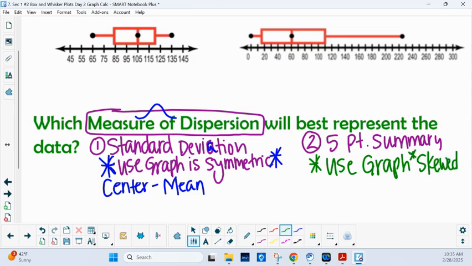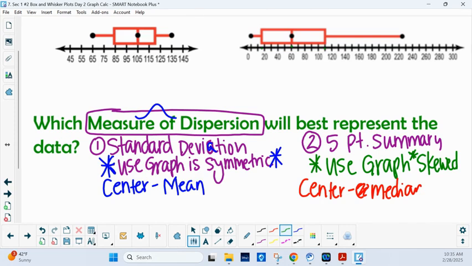Because when we're skewed, we use the median as our center, and the 5-point summary does use 3 medians. We've got the actual median, quartile 3, and quartile 1.